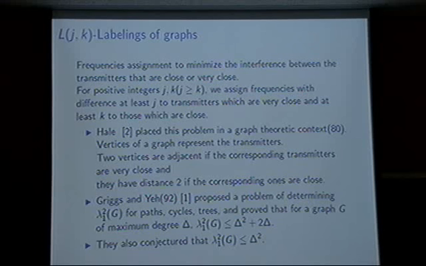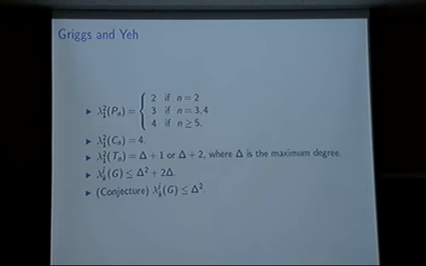And also Griggs and Yeh proved that lambda_{2,1}(G) is at most delta squared plus twice delta, where delta is the maximum degree of the graph. And they conjectured that this upper bound can go down to delta squared. But the conjecture is still open. So these are the results when you have a path or cycle or tree.